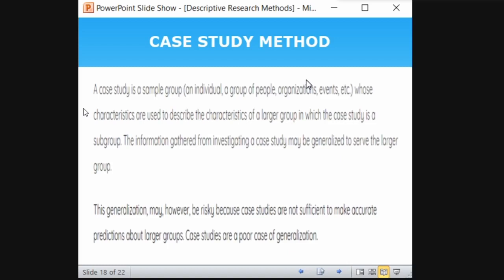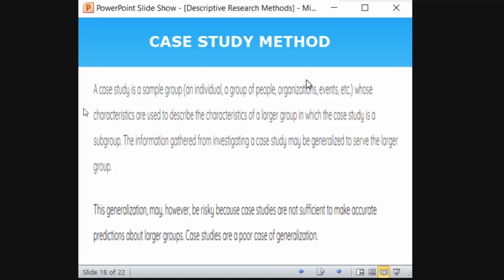So for example, you want to study the library use pattern of the Central University of Punjab Library. The case here is the Central University of Punjab Library, a single organization. You are just studying the use pattern of students in that particular university only, that particular library only. So you are doing an in-depth study.